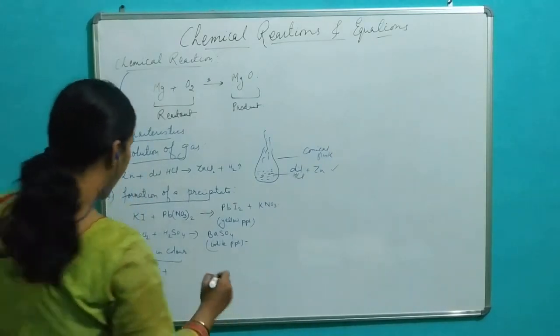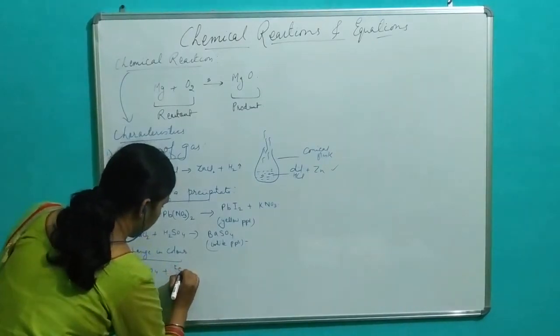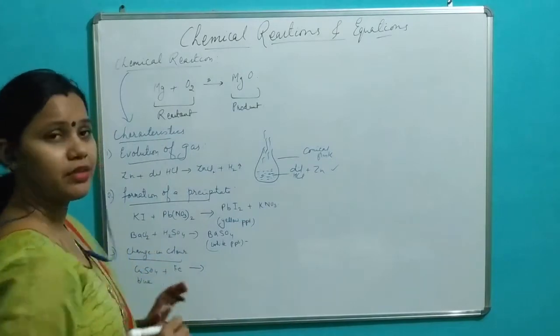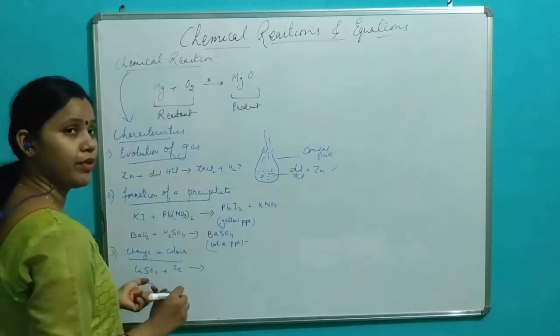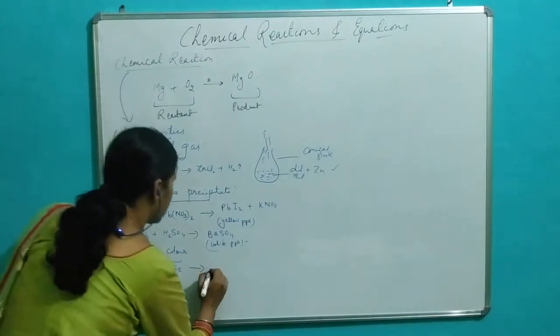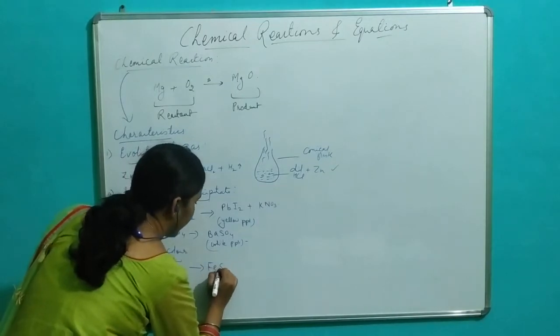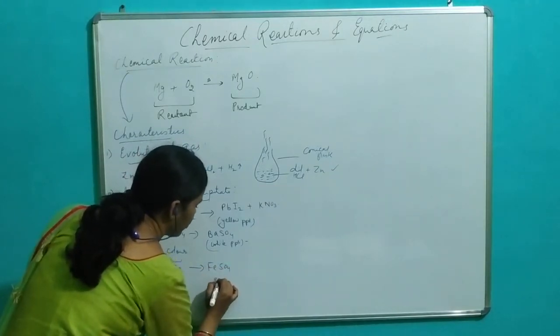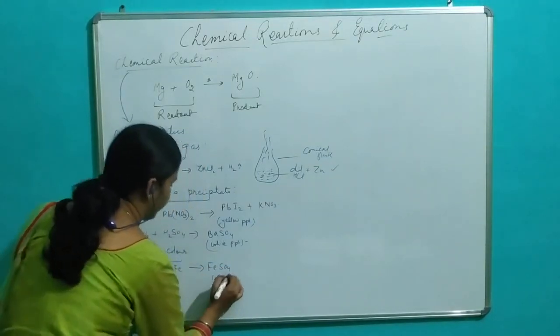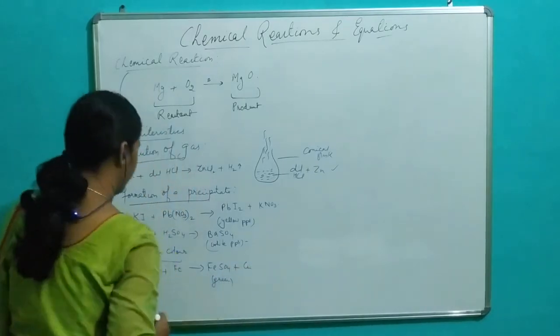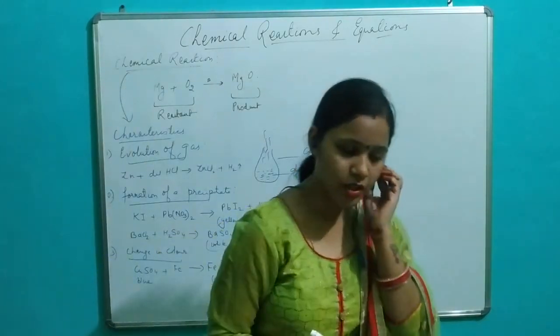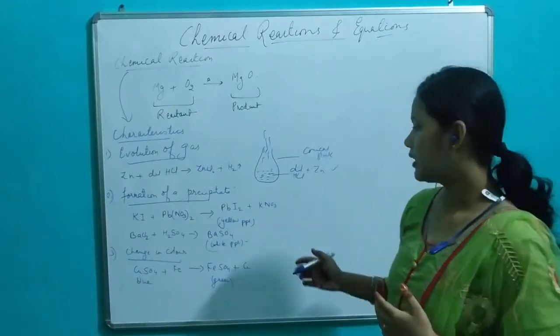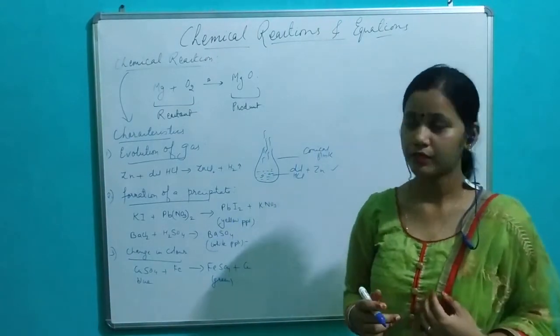When an iron nail is added to the copper sulfate solution, the copper is displaced and we get a green solution of ferrous sulfate. So some reactions are accompanied by a change in color.